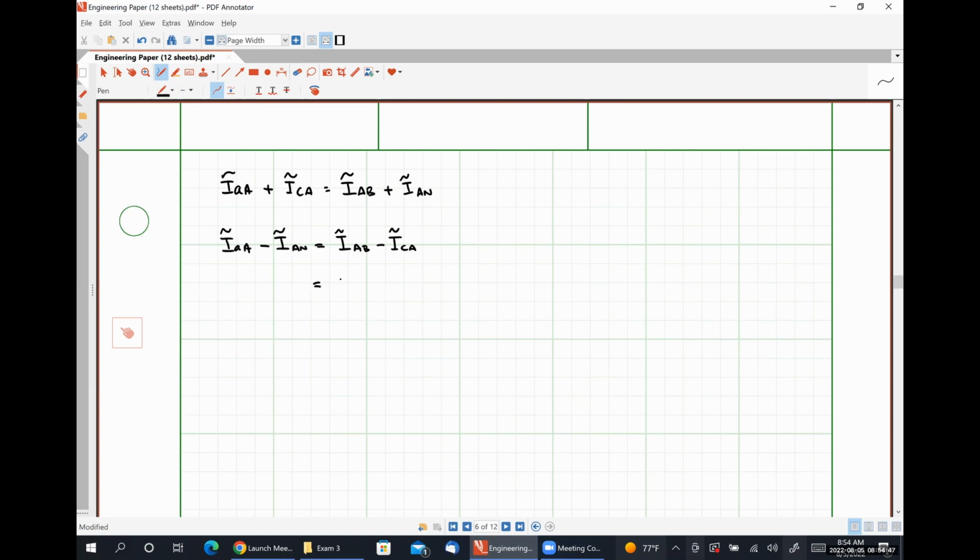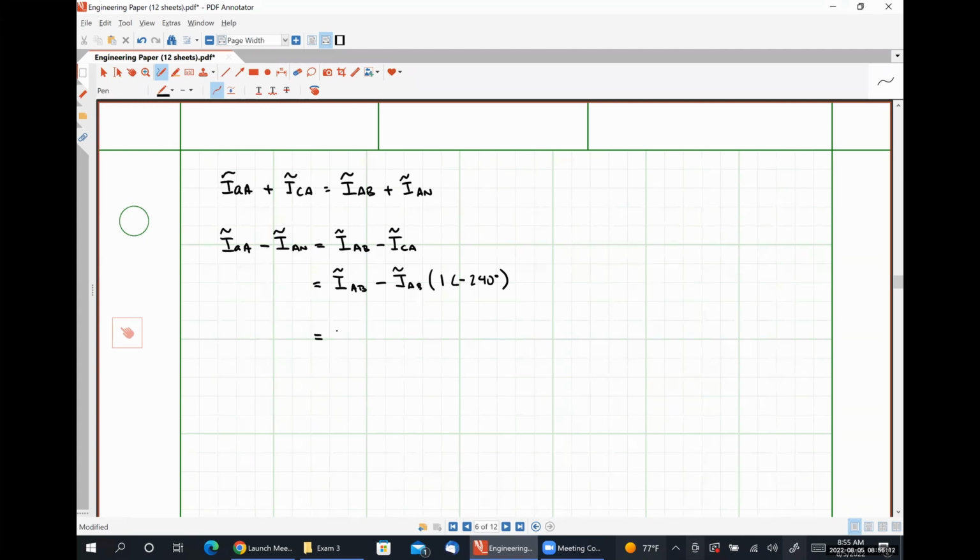I can express ICA in terms of IAB. So since ICA is the C phase, I'm going to have IAB multiplied by 1 angle negative 240 degrees, because the C phase lags the A phase by 240 degrees.